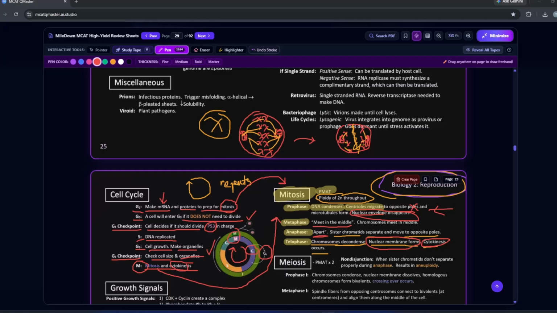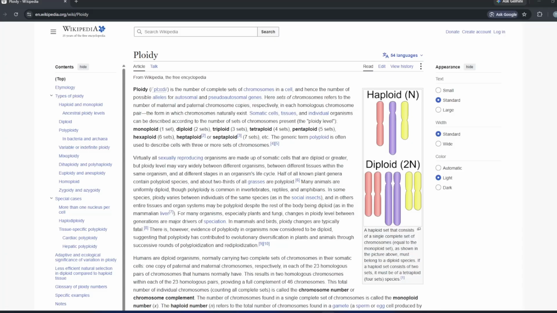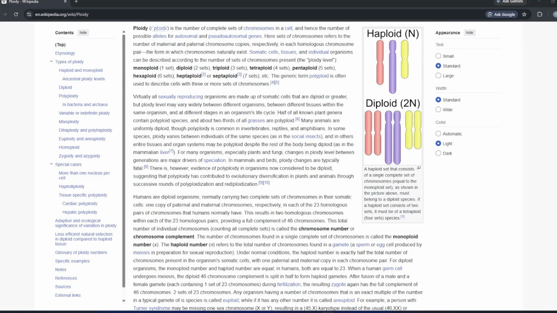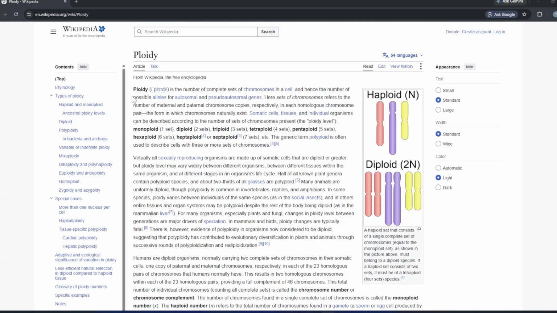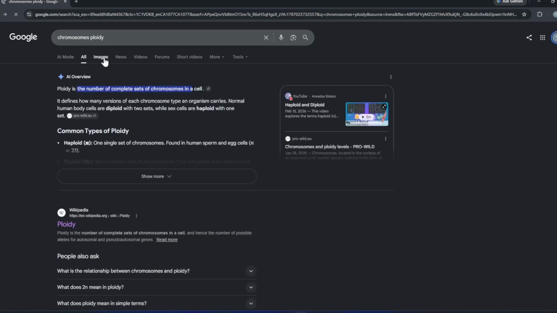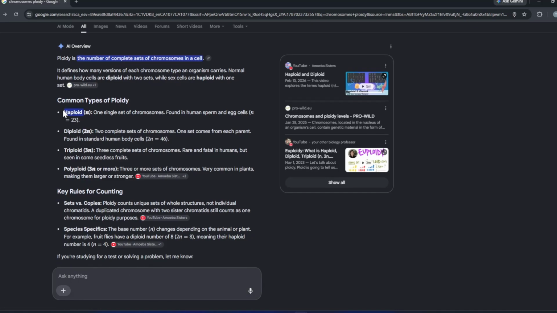All right, so another thing, oh yeah, I forgot to talk about ploidy, one sec. All right, so you learned in class never to learn through Wikipedia, but I verified that it's saying pretty okay stuff. So ploidy is the number of sets of chromosomes in a cell, and hence the number of possible alleles. So if we go back, yeah, ploidy is the number of complete sets of chromosomes in a cell. So common types: there's haploid, which is one set of chromosomes, found in human sperm and egg cells.